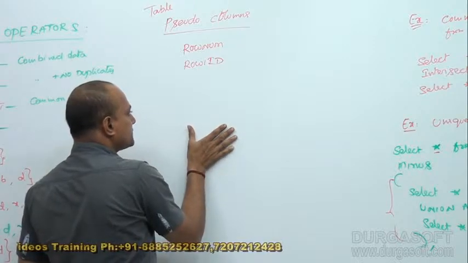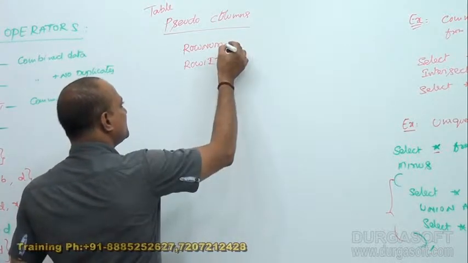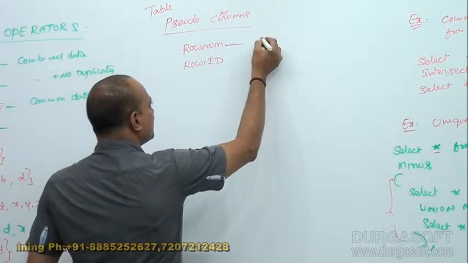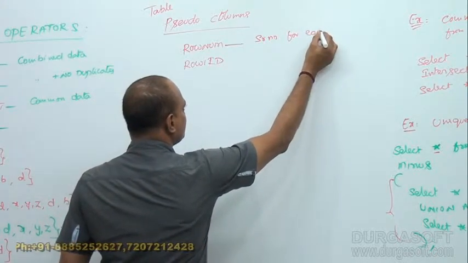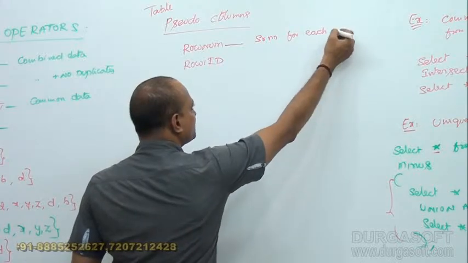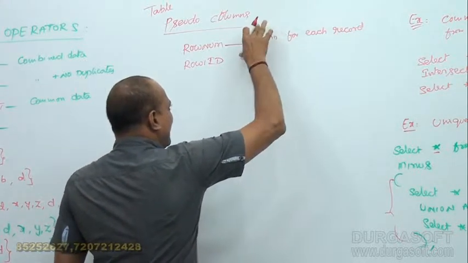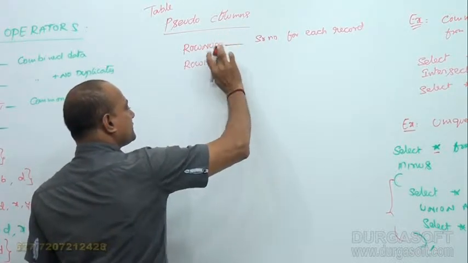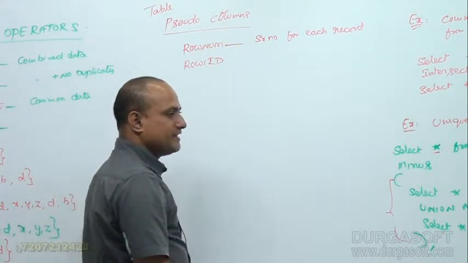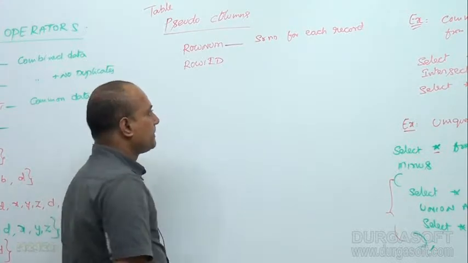In this output, to identify any record uniquely, the Oracle engine uses ROWNUM. It maintains a serial number for each record. This is virtual. Unless you explicitly select ROWNUM, it will not display any serial number to you, but internally it maintains a serial number.